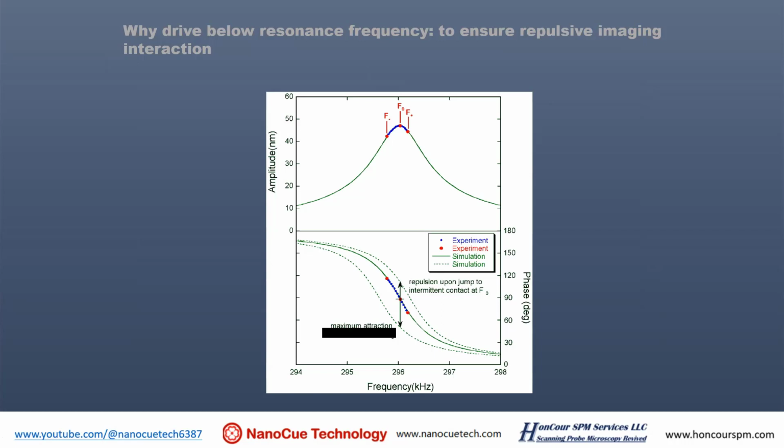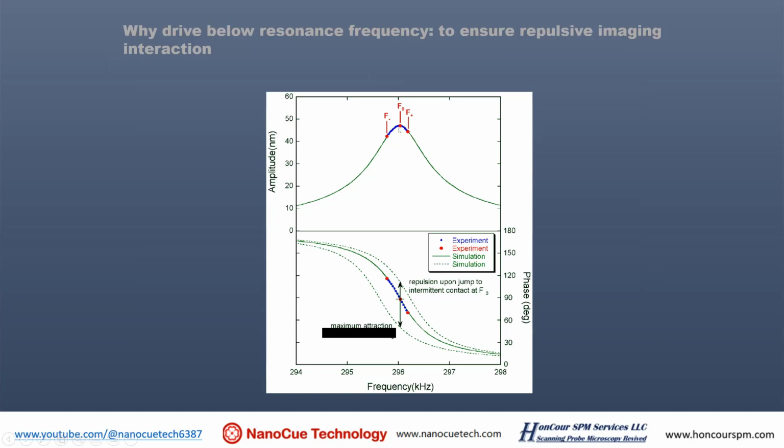It's sample dependent. So, in other words, in some situations, you do want to put your driving frequency at the peak of the resonance or slightly to the right of resonance. When you put it on the right of the resonance, imagine that when tip and sample are experiencing attractive force, the peak shifts to the left.